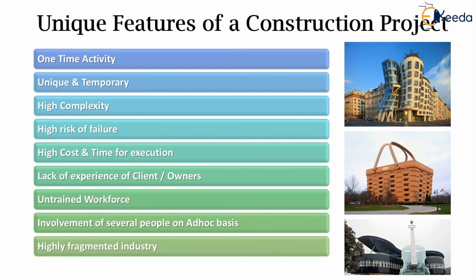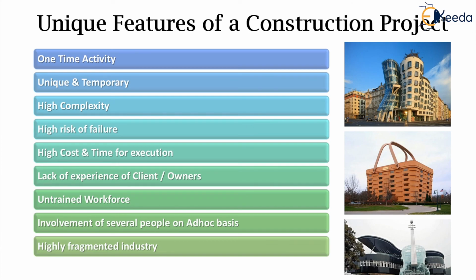Huge untrained workforce, involvement of several people on an ad hoc basis, which means that different types of resources like designers, architects, project personnel, etc., are sourced from different corners of the world, can work on different time schedules, and contribute to a single project to make it successful.